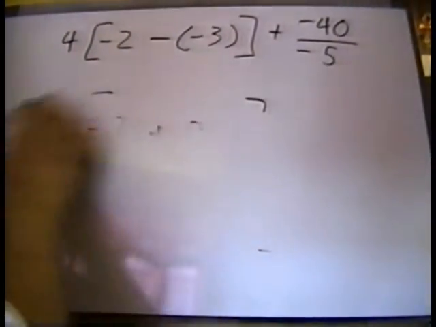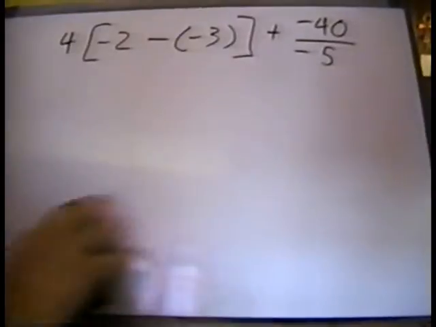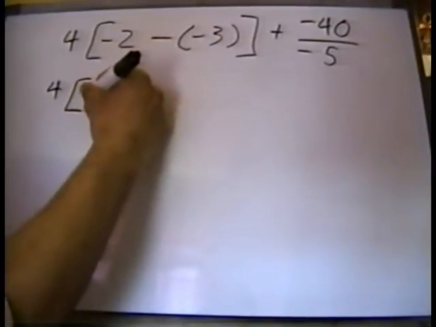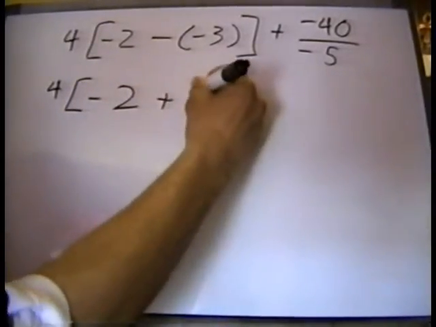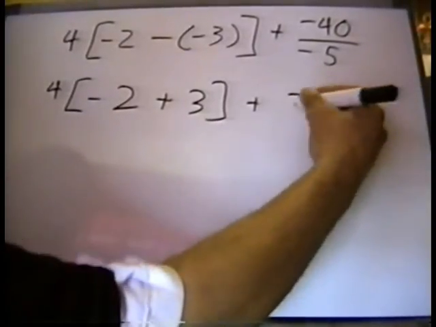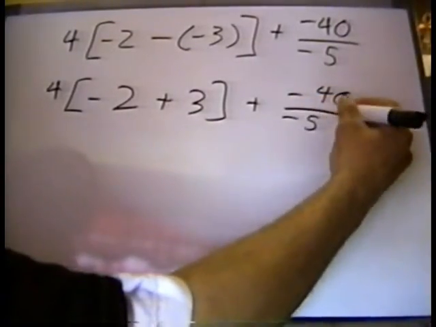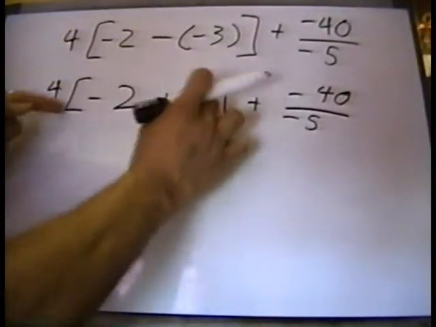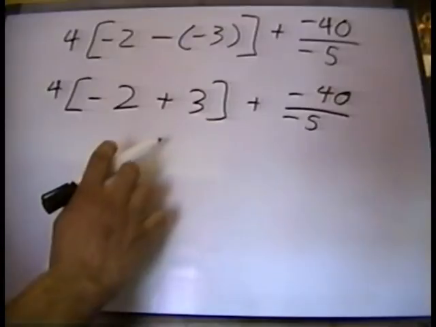So by following the order of operations, following down your next line after you write this, you should have 4 by negative 2 plus 3 plus negative 40 over negative 5. Okay, now we do what's in the braces, the rest of it.